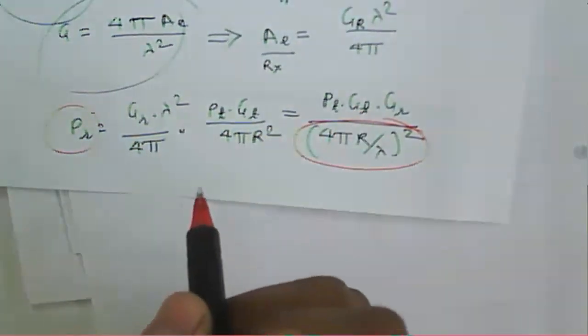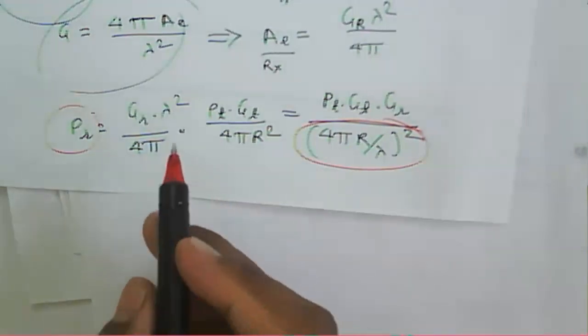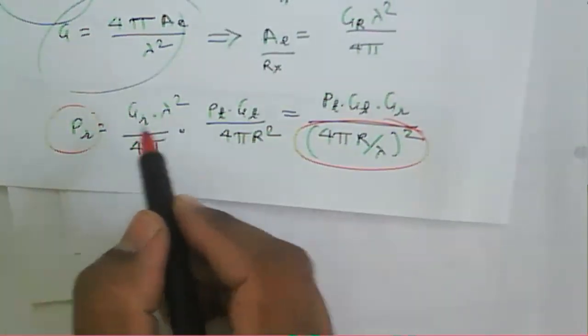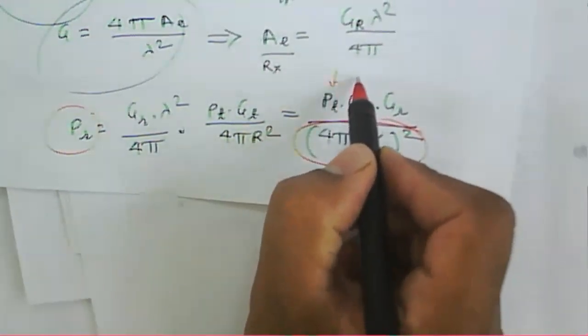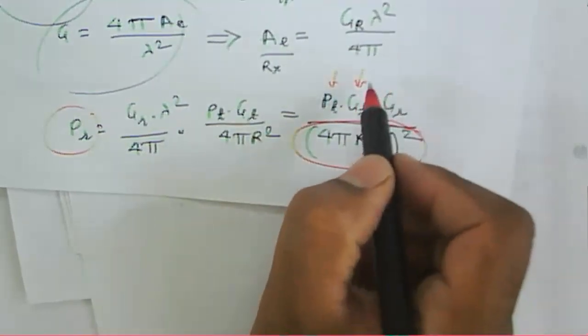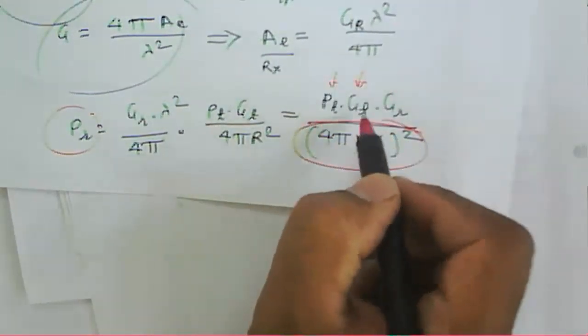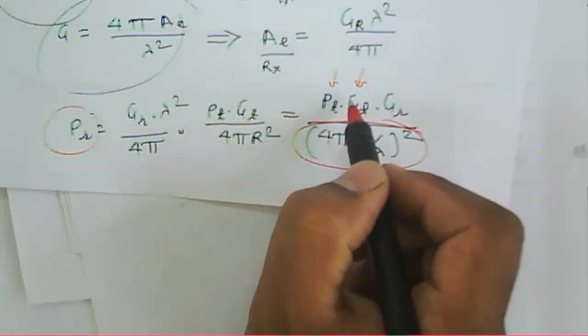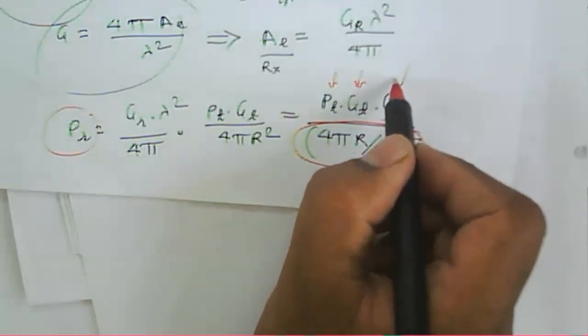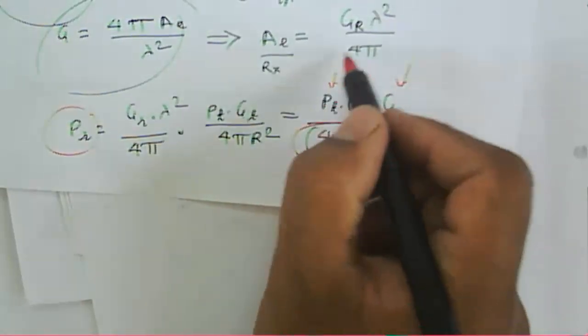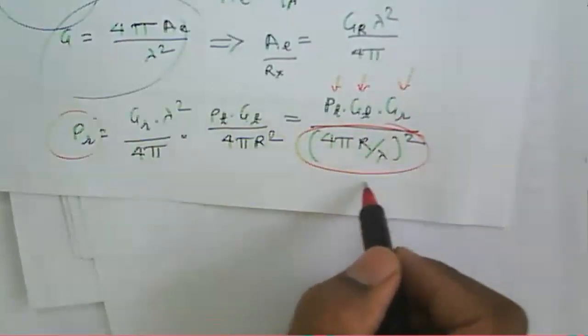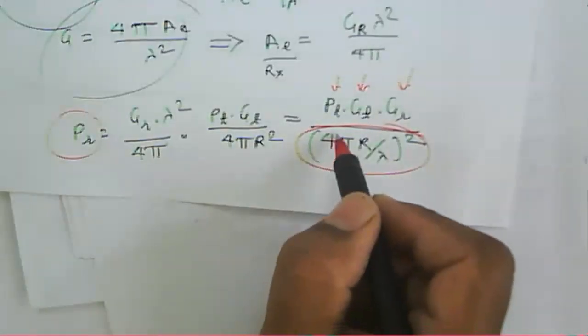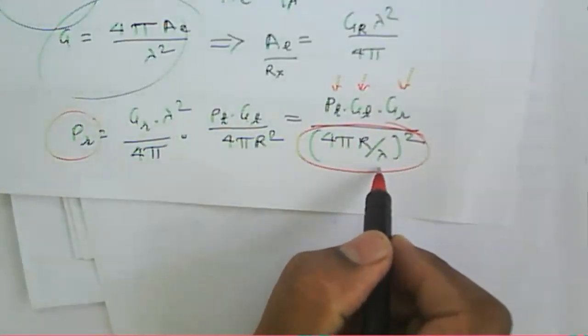So even if we consider that the power transmitted by the antenna, that we say PT, and the gain of the transmitting antenna is GT here, that term will be there. And then again another term is about the receiving antenna. Even if these terms are there, your power received is depending upon this R as well as the lambda wavelength.